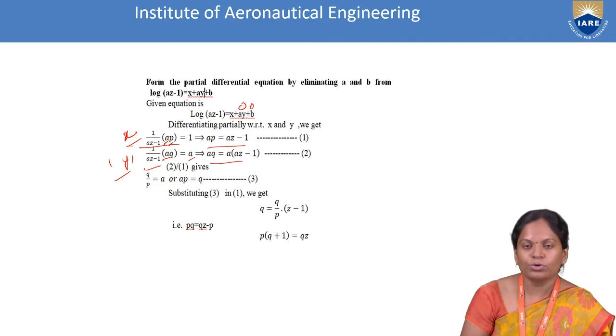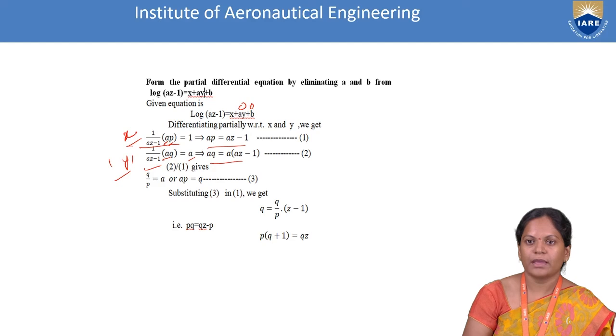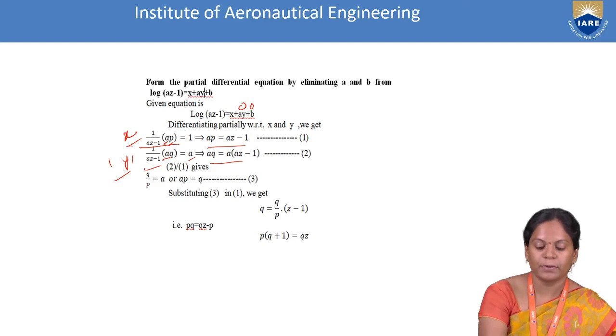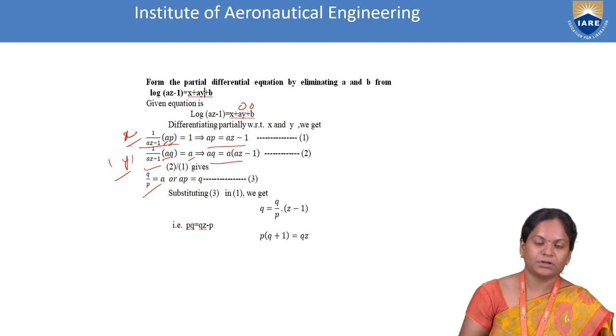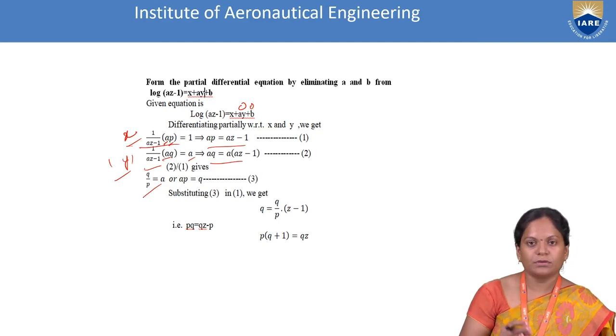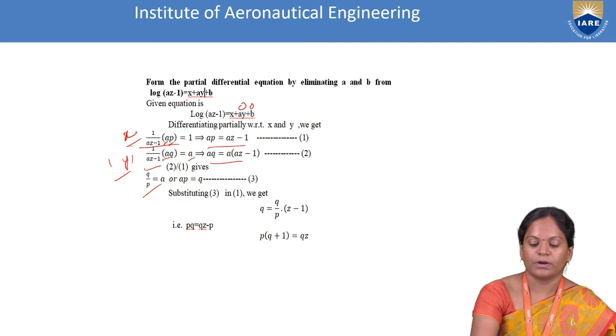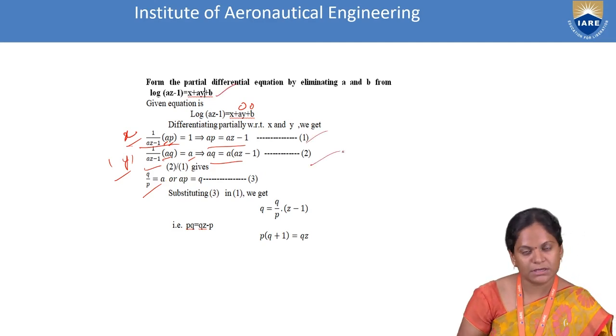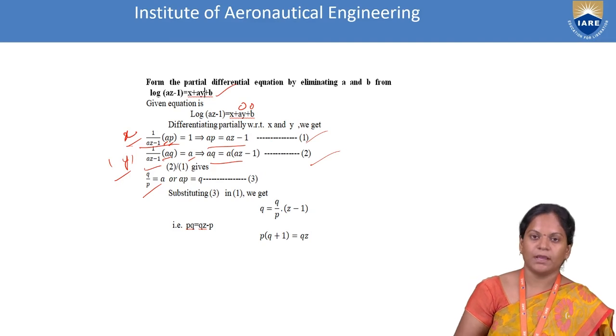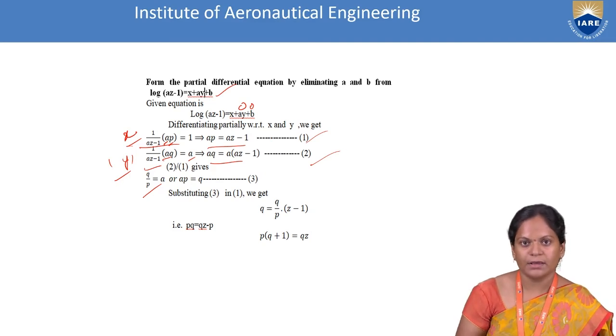Now take 2 divided by 1, which will give aq by ap, or q by p equal to a. Whatever, either addition, subtraction, division, we are using only these three equations: the given equation, the first equation and the second equation. Using these three equations, we have to eliminate a and b, the arbitrary constants.